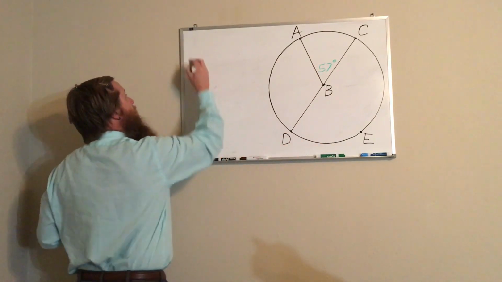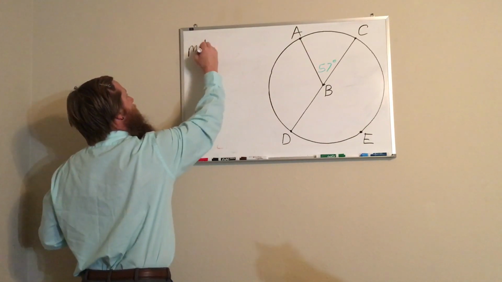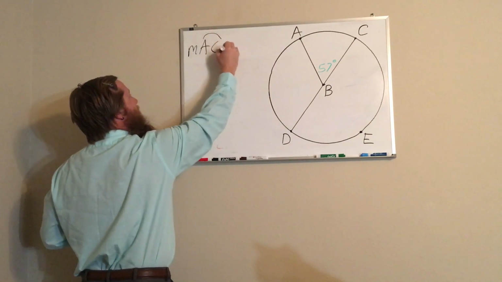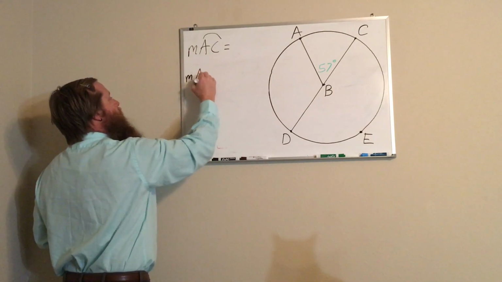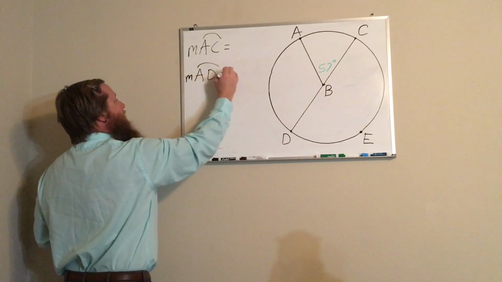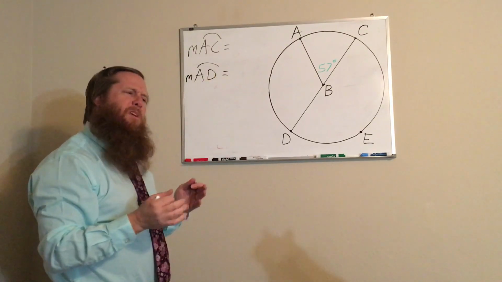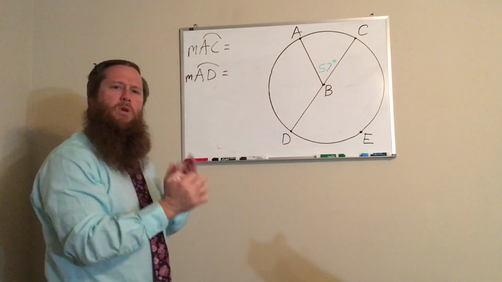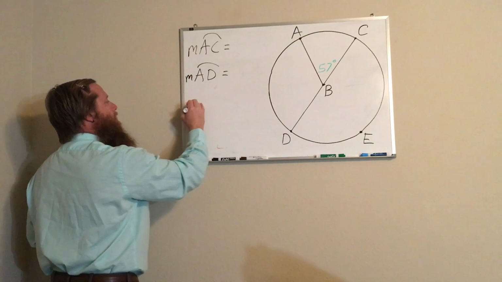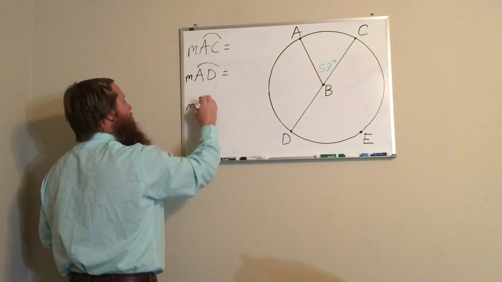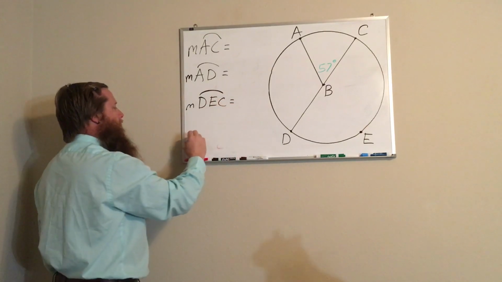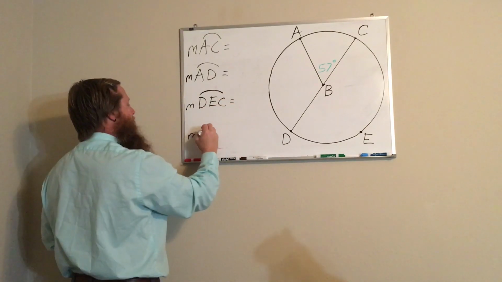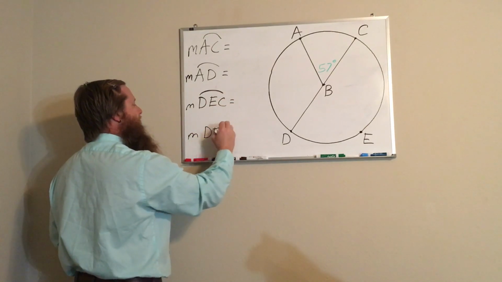Then we will use that information to calculate the measure of arc AC, the measure of arc AD. The M just means that we want to know the measure. We just want to know the degrees. So the measure of arc DEC and the measure of arc DEA.